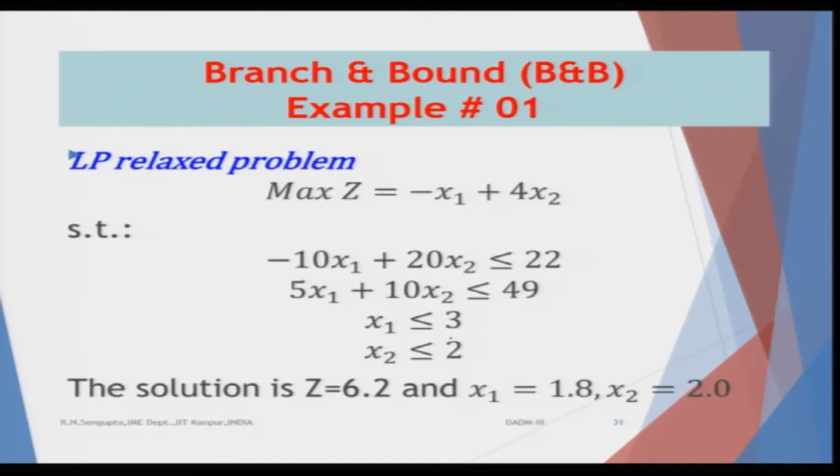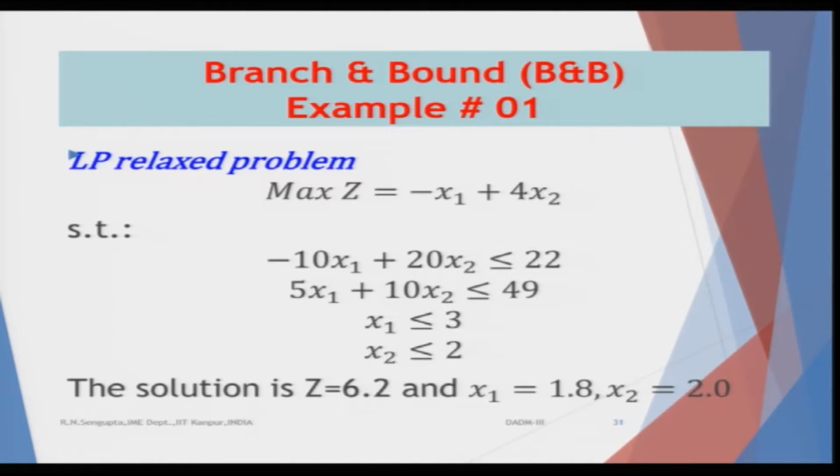So, actually the integer programming is like this in the other branch. One branch has stopped because it is infeasible, now the other branch. Maximization of z equals minus x1 plus 4 x2, and the constraints are minus 10 x1 plus 20 x2 is less than or equal to 22 is the first constraint.